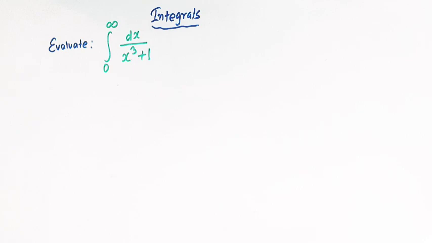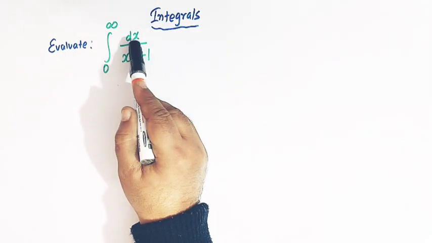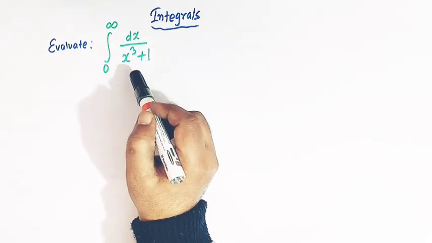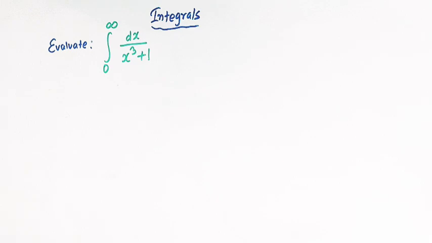Hello viewers, in today's class we are going to discuss yet another important and very conceptual problem from integrals, right? So here in this lecture we'll again solve a very nice integral which is 0 to infinity, and we have dx over x cube plus 1, right? So this is a very important integral which appears in calculus of residues, and we can also solve this integral by the method of using the Cauchy's residue theorem.